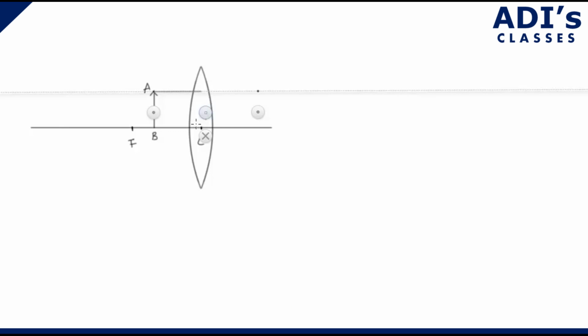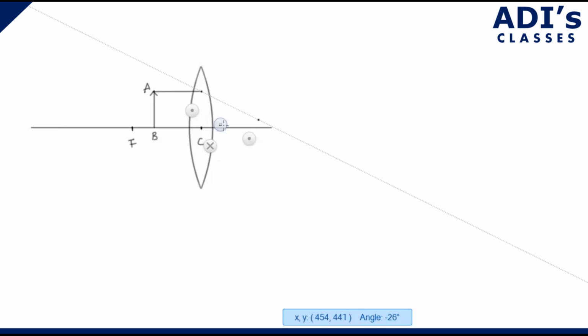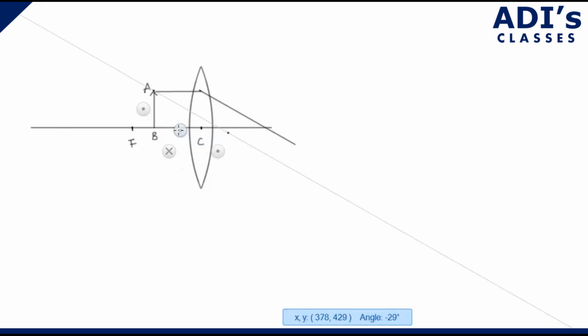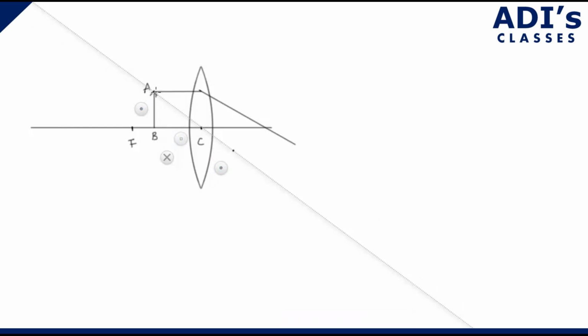Now one ray of light will pass like this, and this particular ray of light undergoes refraction, so it goes something like this.